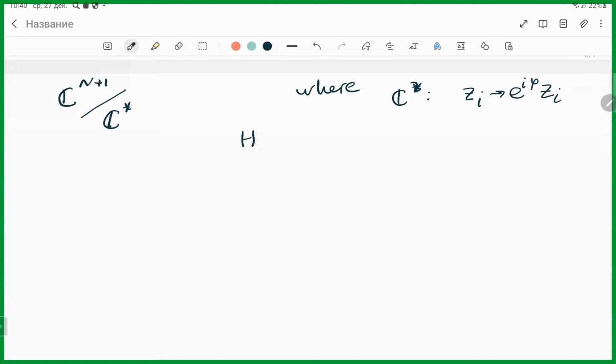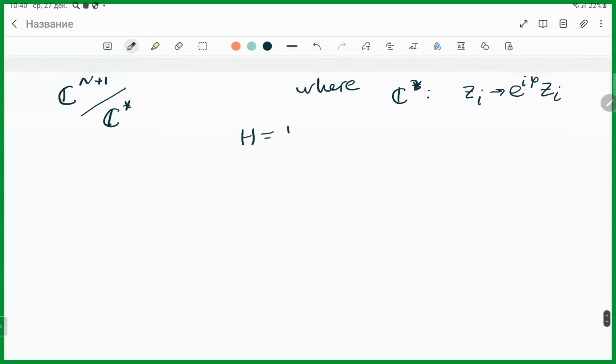Then the moment map is z naught squared plus ... plus z_n squared minus a constant, minus c.